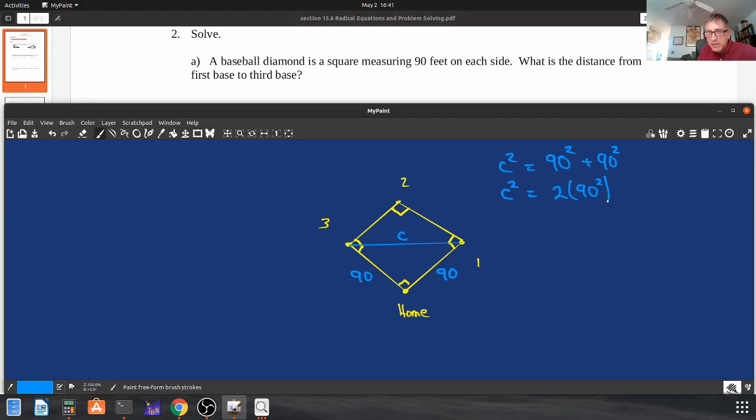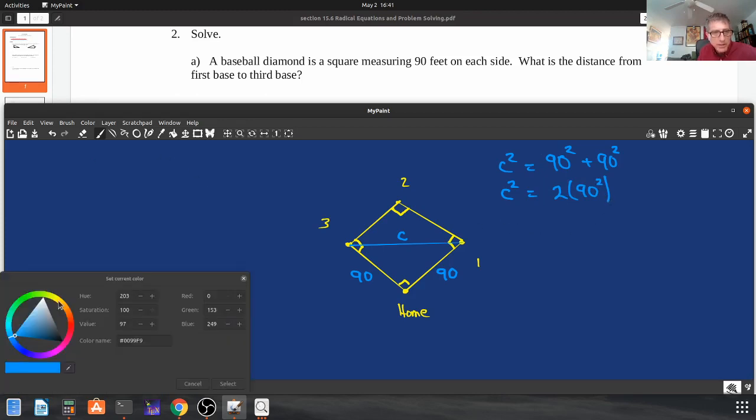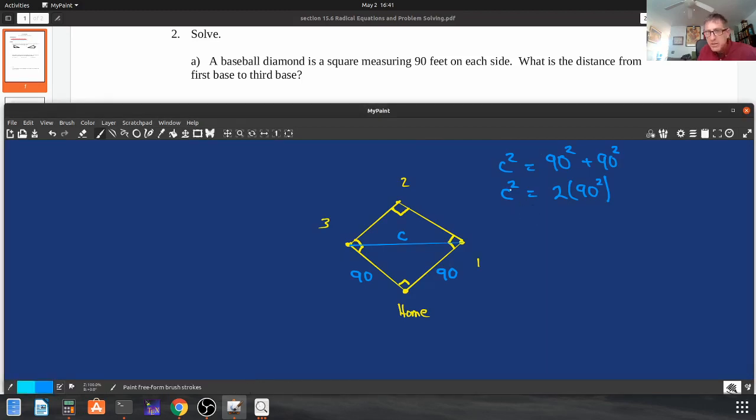So now I'm going to take the square root, I'm looking for a length, of 2 times 90 squared.